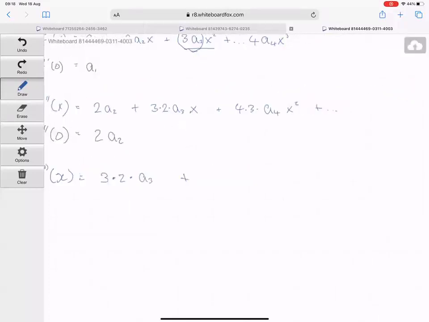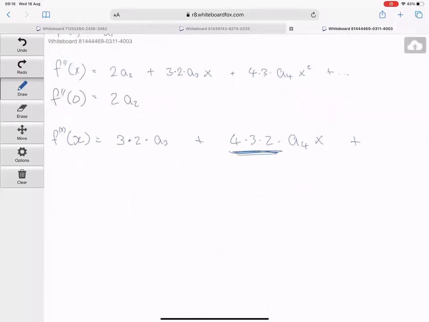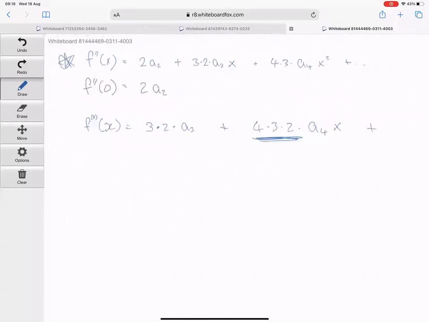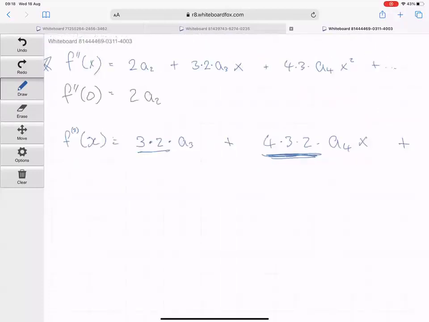Okay, what do I get with the next term? 4 times 3, the 2 comes down, 4a4. Can you see what's happening here in front of these terms? 4 times 3 times 2. Factorial. Yeah, brilliant. 4 factorial, right? So I can replace this with 3 factorial and this with 4 factorial.